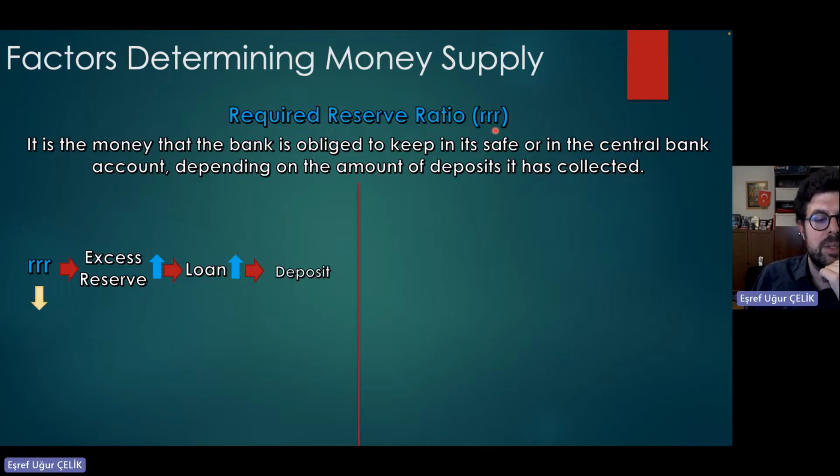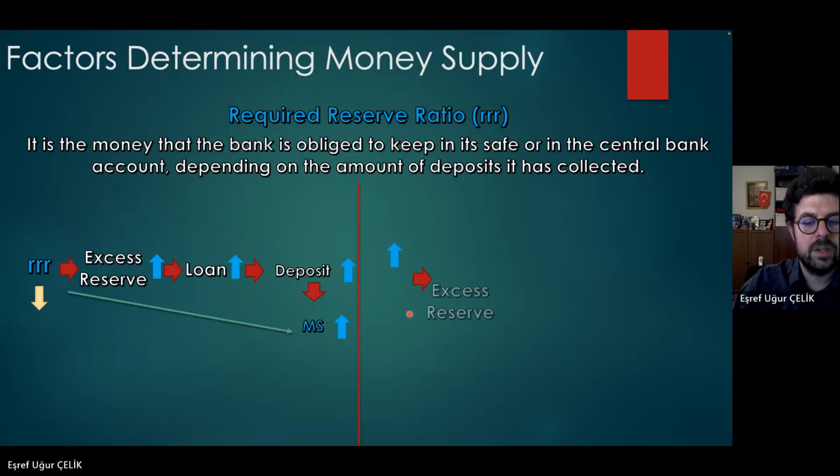For that reason, the deposit becomes higher, so the money supply becomes higher. So when the required reserve ratio becomes lower, the money supply becomes higher. That's the result. Again, you see the negative relationship.